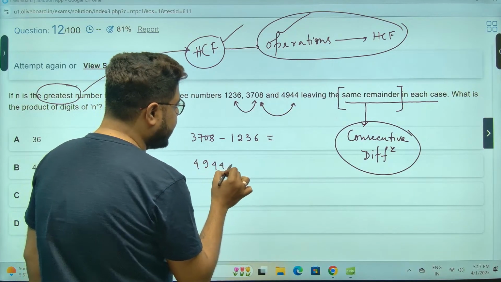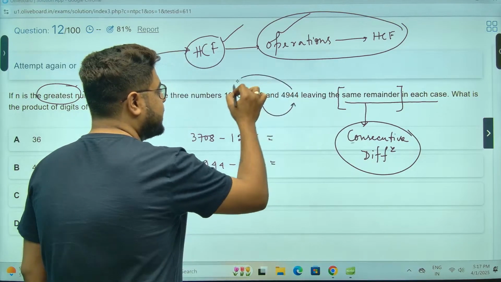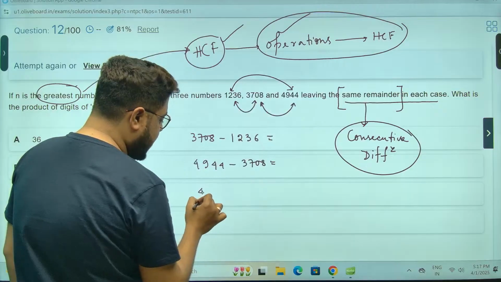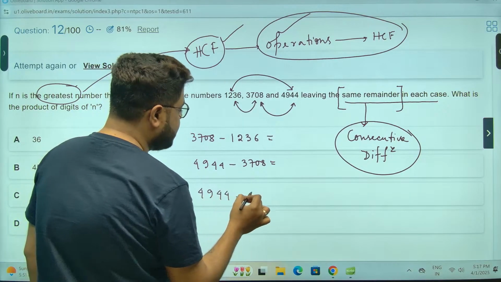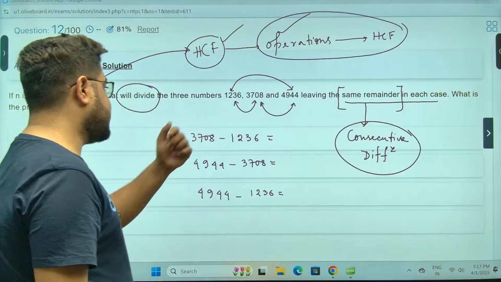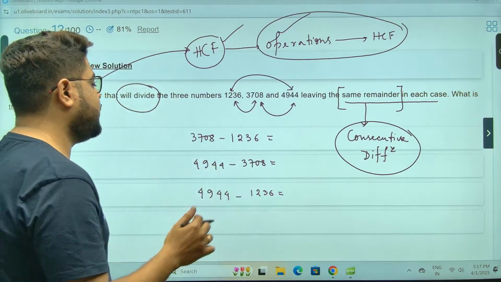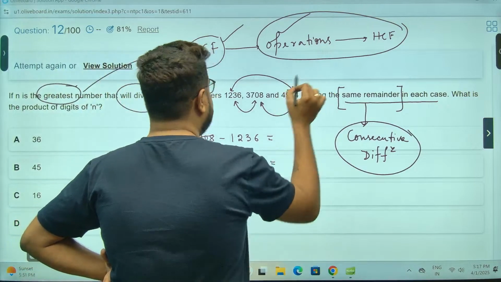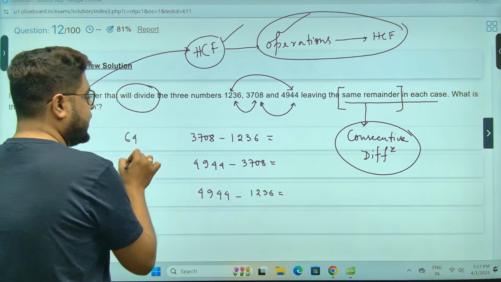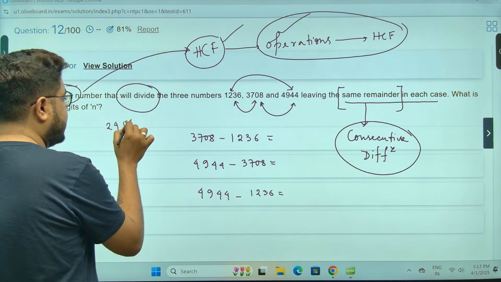4944 minus 3708, sir. And you take these two differences. 4944 minus 1236, sir. Correct, sir? How much is this? 36, 36 means 64 will take us to 1300, and 2408.